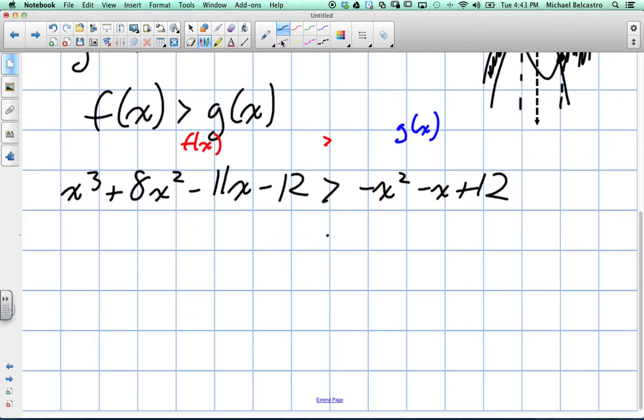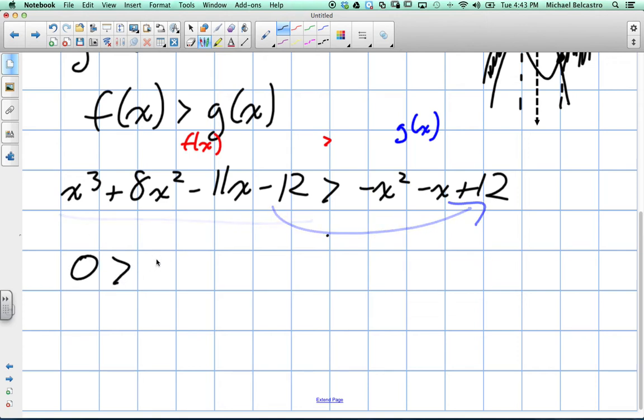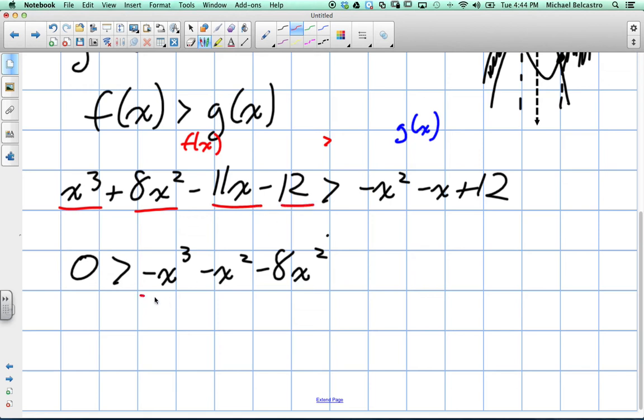Okay, so let's put it over to 0. So in other words, I'm going to move everything to the other side of the equation. Okay, so when I do that, this balance of the equation is going to shift over a little. So 0 is greater than negative x cubed. Okay, and then negative x squared, and this becomes negative 8x squared. Does that make sense so far? I'll underline everything in red that we are moving.